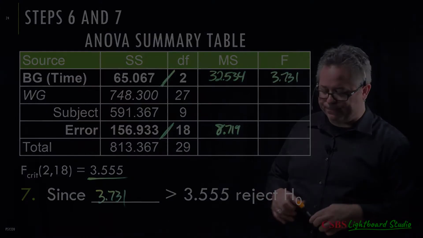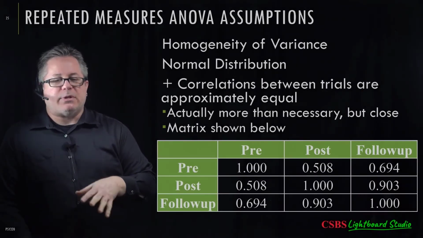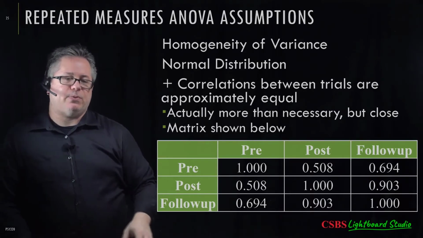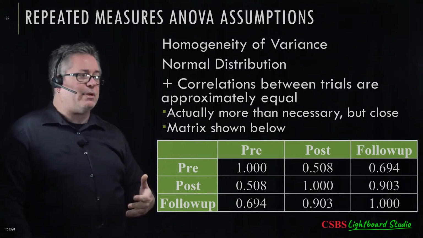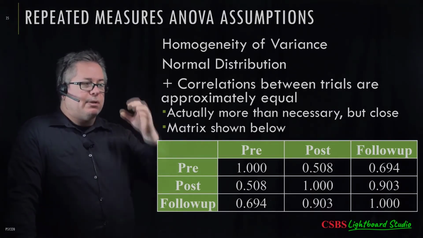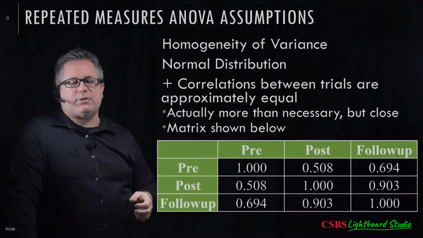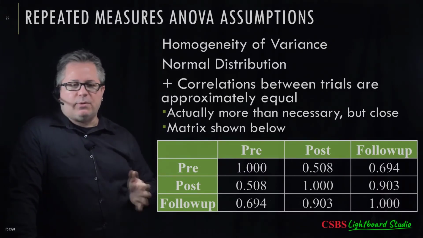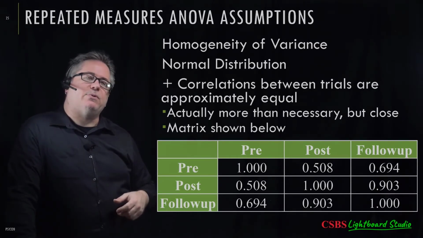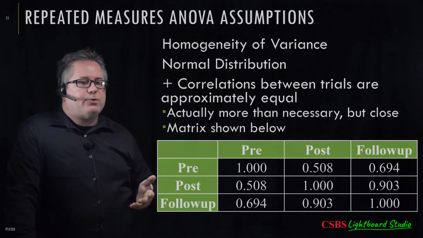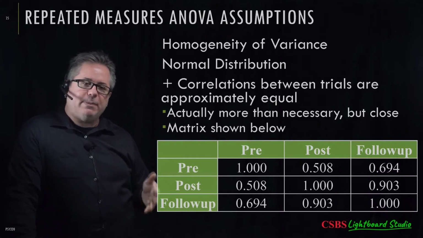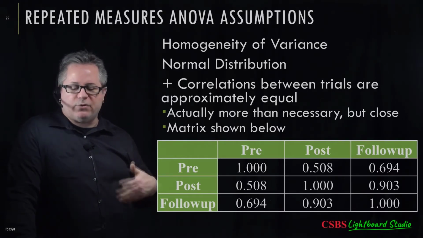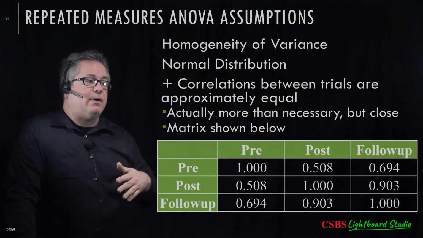Repeated measures ANOVA assumptions. We talked about the assumptions around the t-test and the between groups ANOVAs, and for the most part, 2 of the 3 assumptions are the same. So what are the assumptions? We assumed homogeneity of variance, that the variances of the different levels are roughly equal. We assumed that we had enough people, or that the population was normally distributed, so we can assume a normal distribution of the sample means.